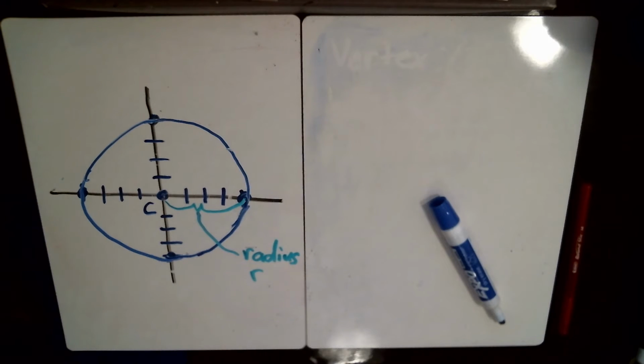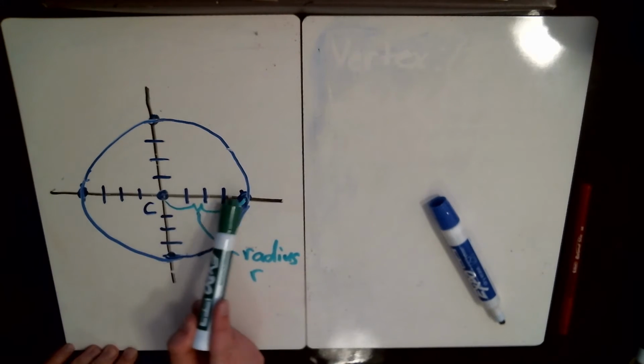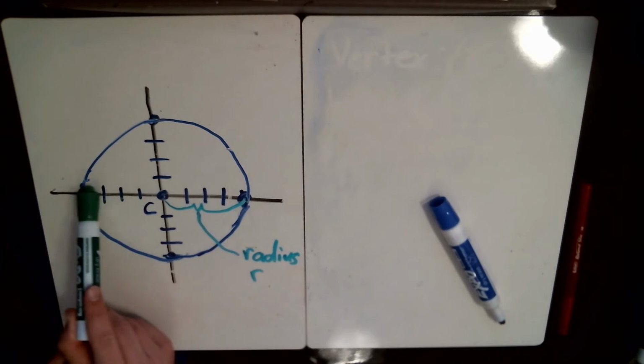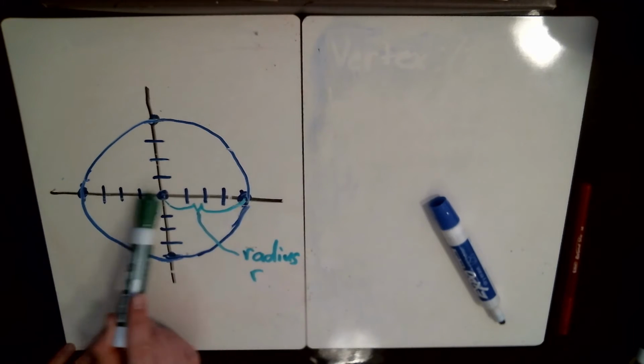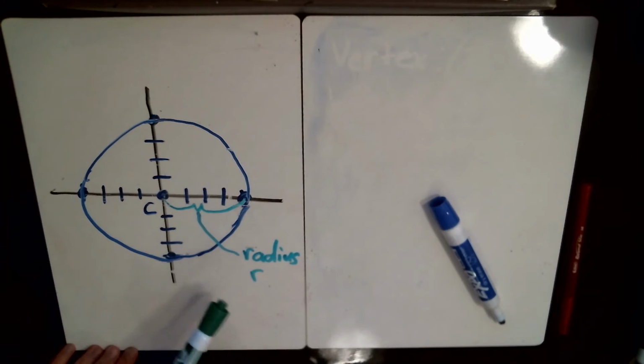So that's how far you go from the center to any point on the circle. Sometimes you could also run into diameter. Diameter is the distance across the whole circle, so it's 2 radii. But generally what you're going to be running into is the radius here.